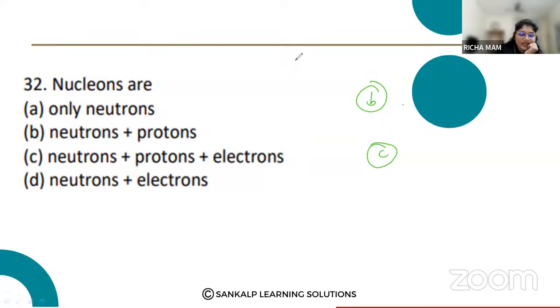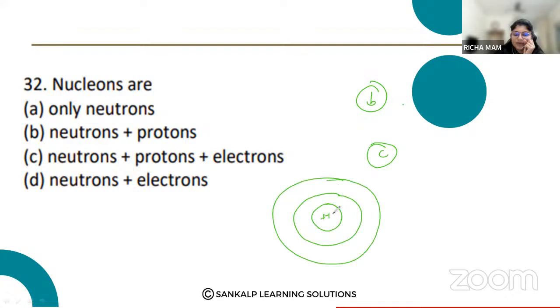Now, in the center, what is present? In the center, the protons will be present, right? So what does this center part consist of?